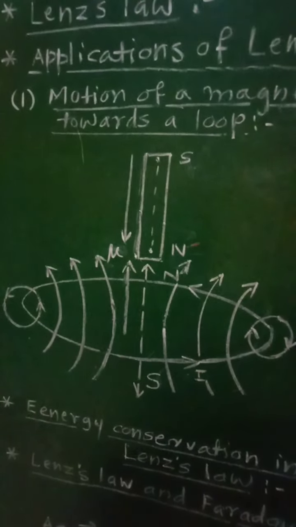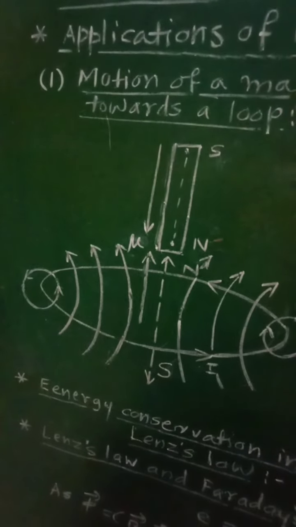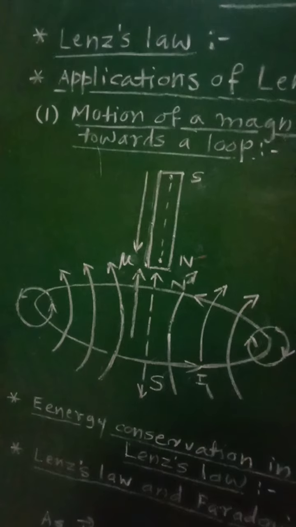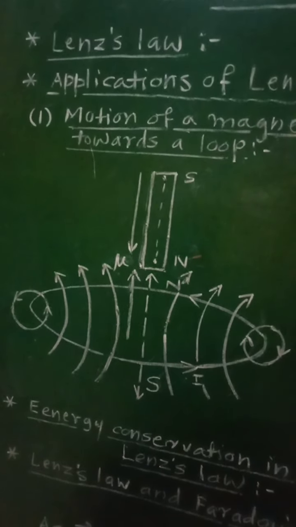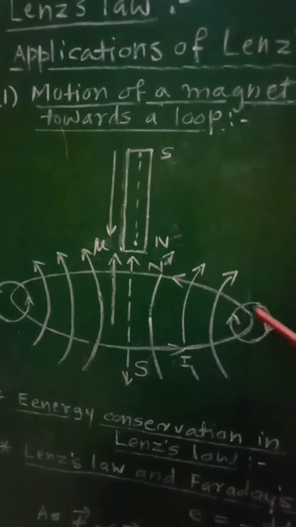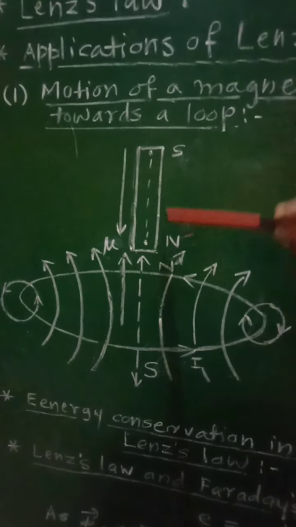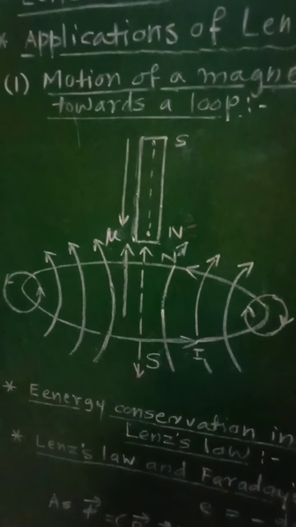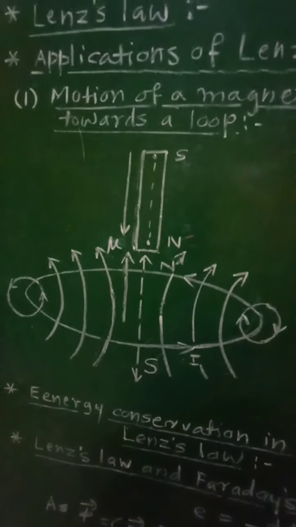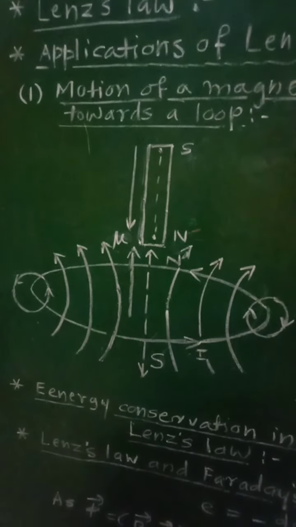Now if you consider this example, as we have considered the north pole of a magnet which is moving towards the conducting loop, I will be the current flowing through this loop. As the magnet is moved towards the loop, a current is induced in that loop.